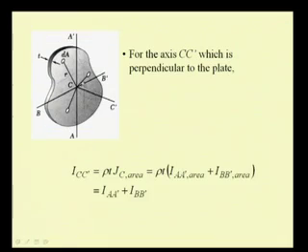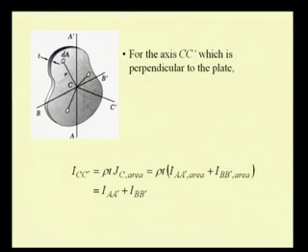Now, let us take the perpendicular axis, that is C prime, which is perpendicular to the given thin plate. We have already seen how to determine the polar moment of inertia, that means the second moment of this area with respect to an axis perpendicular to the given plane of the area. So, let us now extend the discussion to the second moment of the mass.